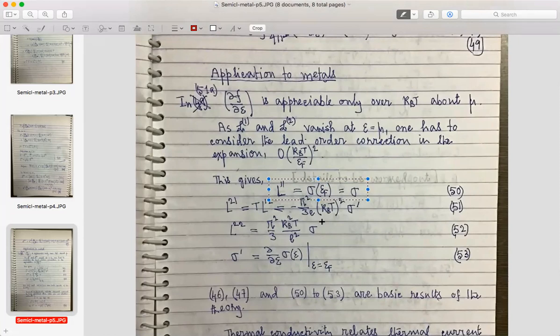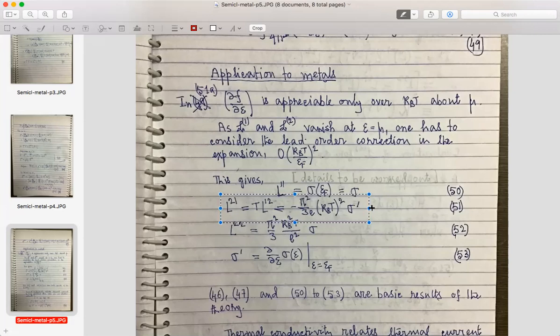Fine. If you evaluate L21 and L12, you can show that, up to some factors of k_B T squared and other constants, they come out to be proportional to sigma primed. L21 and T times L12 are equal to some constant times sigma primed.